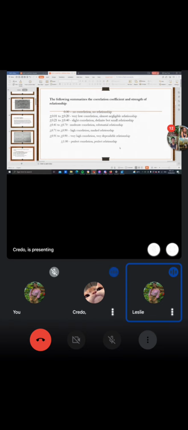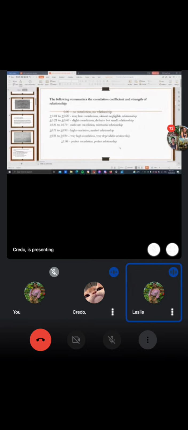0.00 is no correlation, no relationship. Plus or minus 0.01 to 0.20 is a very low correlation, almost negligible relationship. The third one, plus or minus 0.21 to 0.40, is a slight correlation, definite but small relationship.